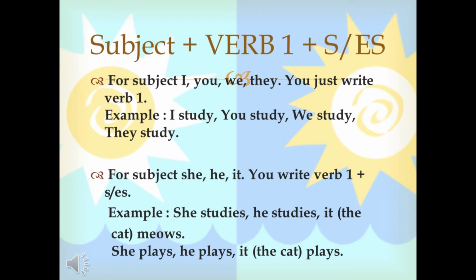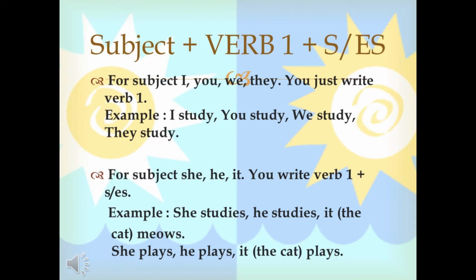Subject plus verb 1 plus s or es. For subjects I, you, we, they, you just write verb 1. For example, I study, you study, we study, they study.